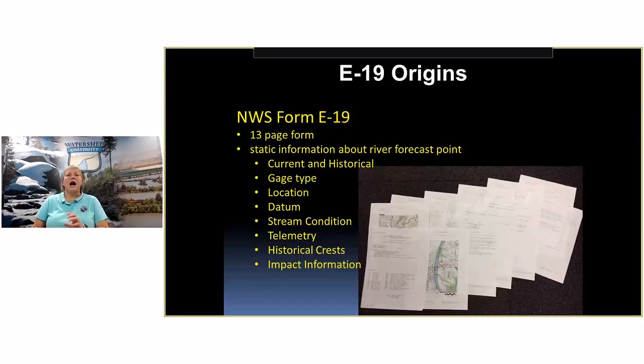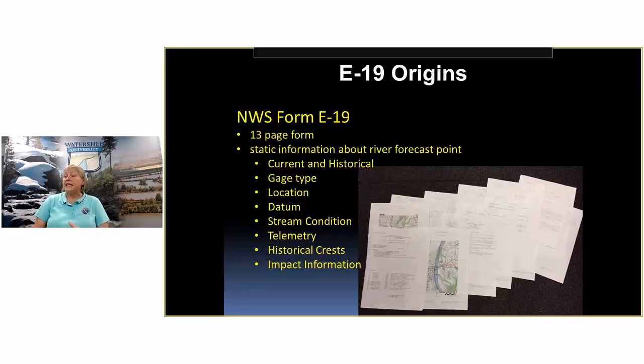What's the datum? What are the historical crests for this location? But it's all for those official river forecast points that the 123 National Weather Service offices use to forecast how high the rivers are going to get at specific important locations across the country. So that's what an E19 is.